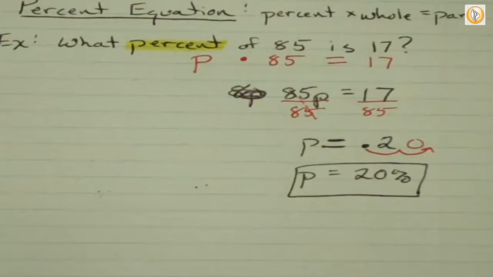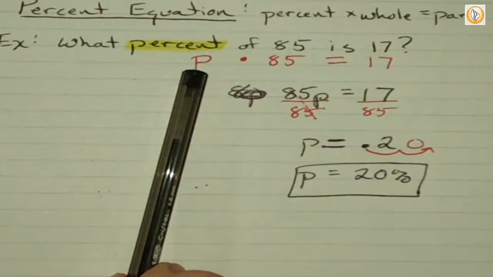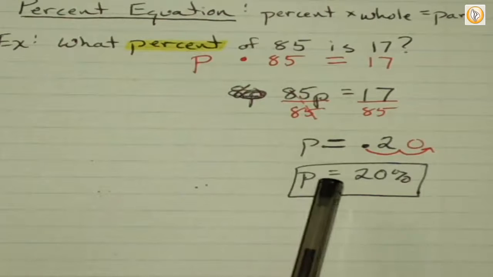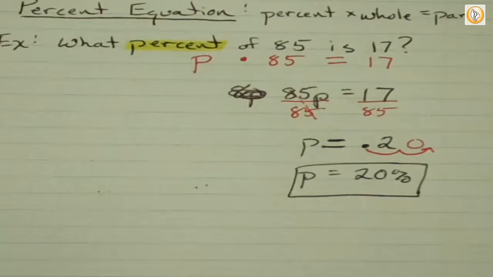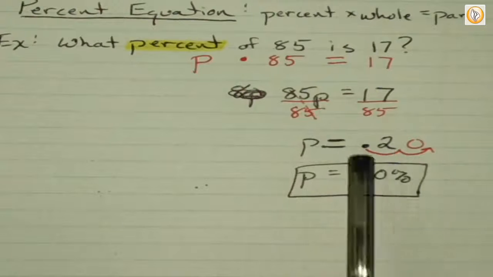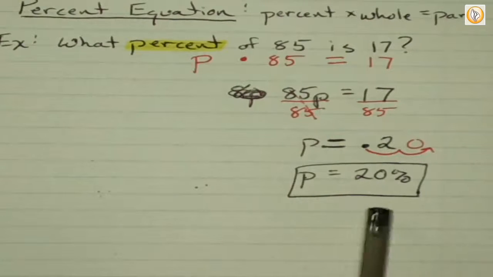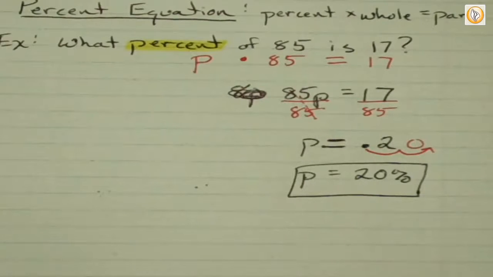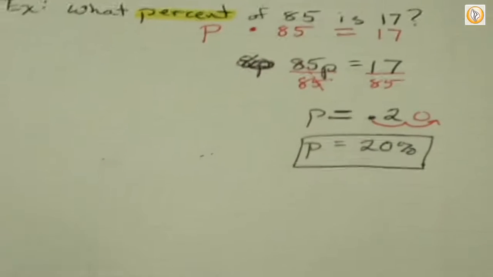The other thing I suggest, call it P instead of N or anything else, because P can maybe help to remind you, you now have to change it to percent. If you just give me this, unfortunately, that is wrong, because they're asking what the percent is. You have to remember to change it to a percent. That is a common mistake. Any questions? All right, let's do another.